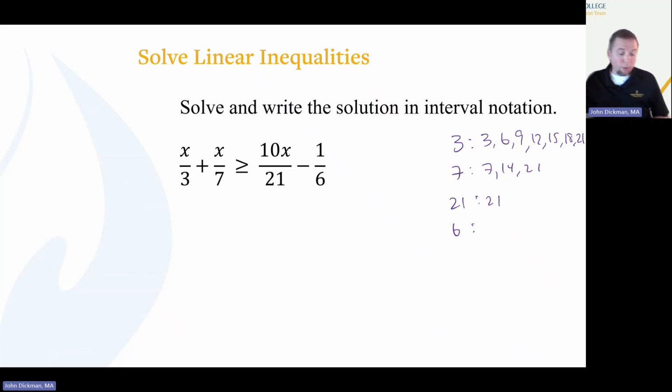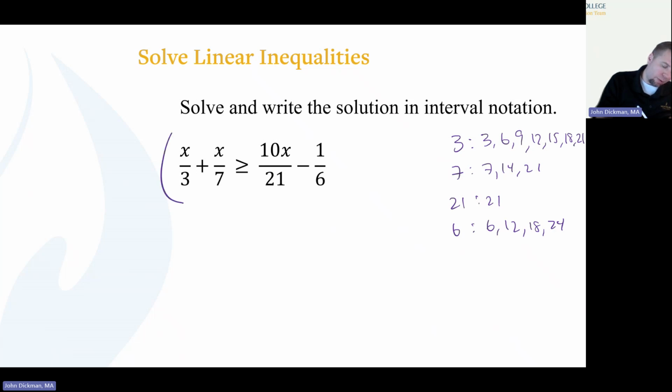Okay, so 21's not going to do it, but guess what will? One more 21. So 42 is definitely going to make it because 6 does go into 42. So 42 is my common denominator.